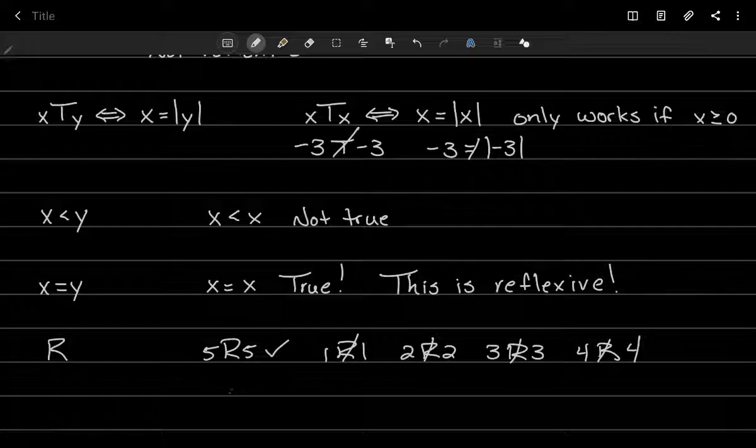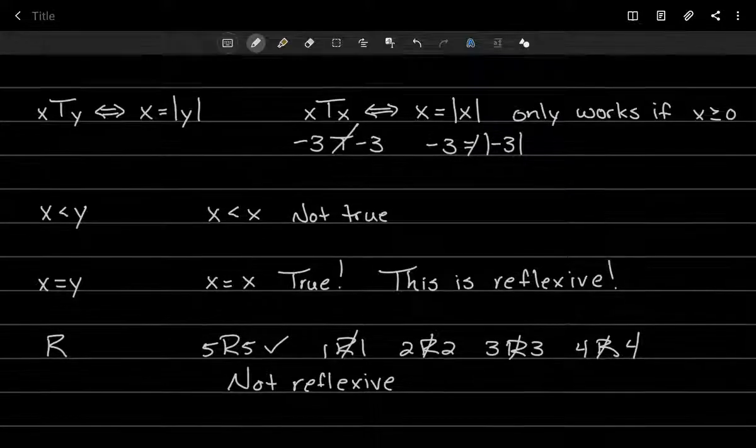So that means it is not reflexive. Remember, the definition of reflexive said for every x, or for every a. So here I only got it working for 5, not all 5 elements. All right, so that's reflexive. So hopefully that makes sense. Reflexive means every element is related to itself.